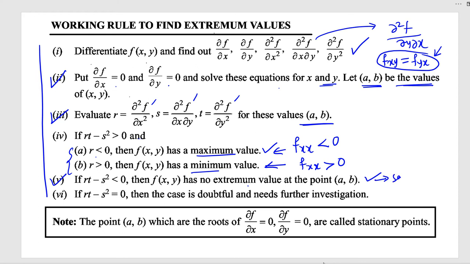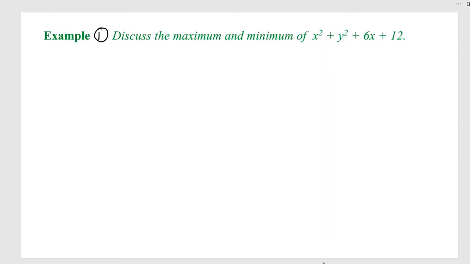That is the saddle point. And if it is 0, then further investigation is needed. So these are the 6 basic steps to find the extremum values for the given several variable functions.